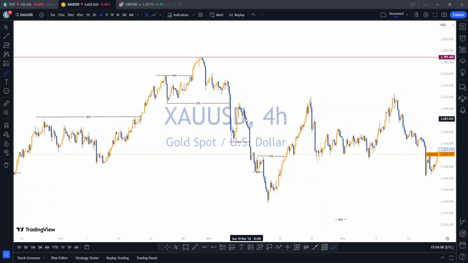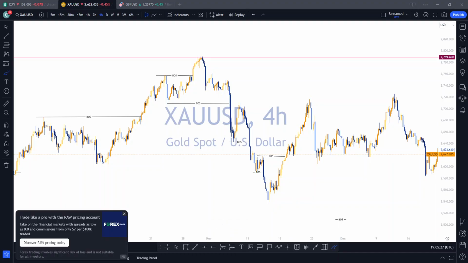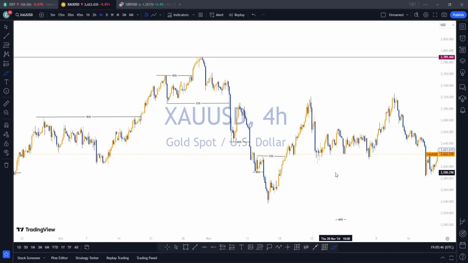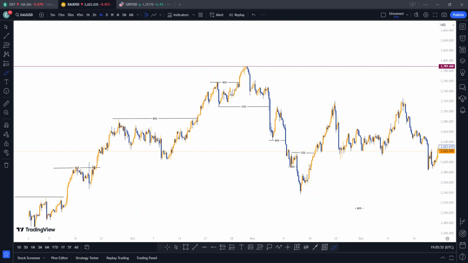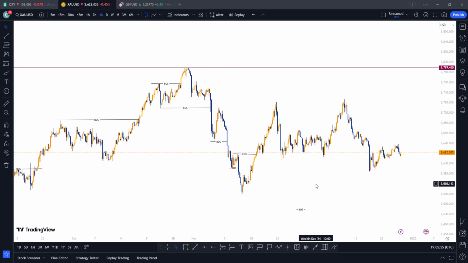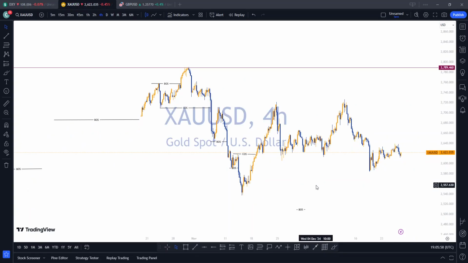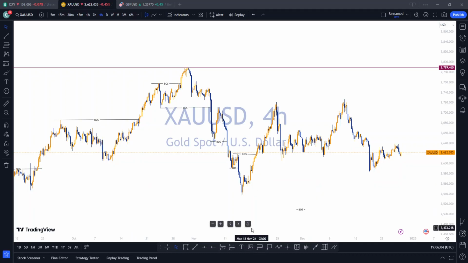So now let's see what the market is doing. We can see right around this area right here. So we had that change of character, right? Because the market reacted around this area right here, it shows that the market is pushing to the upside, and this right here is very valid, right?